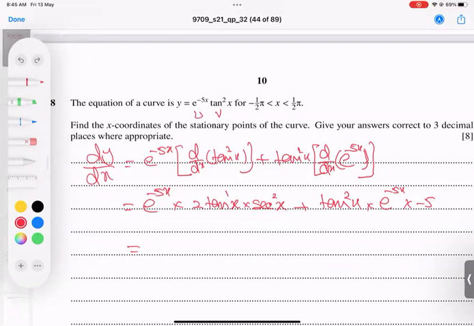We can try here because we have a secant square value also available. So first of all, take common. Inside is left 2 tan x secant square x and negative 5 times tan square x.